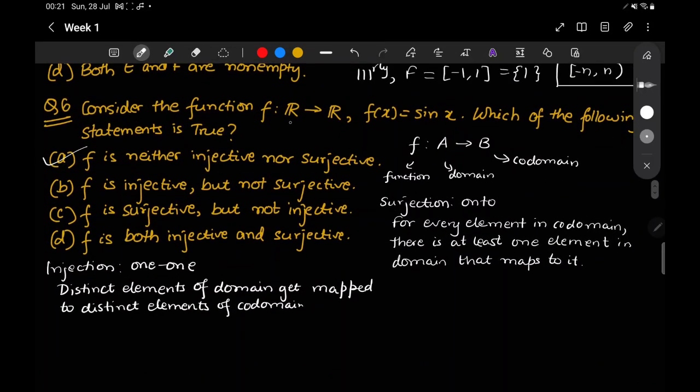Now, this capital R is the set of real numbers.